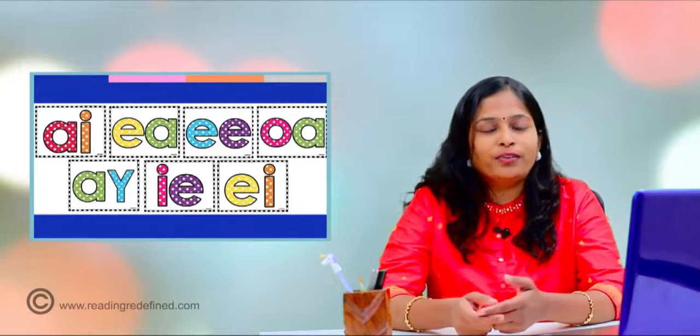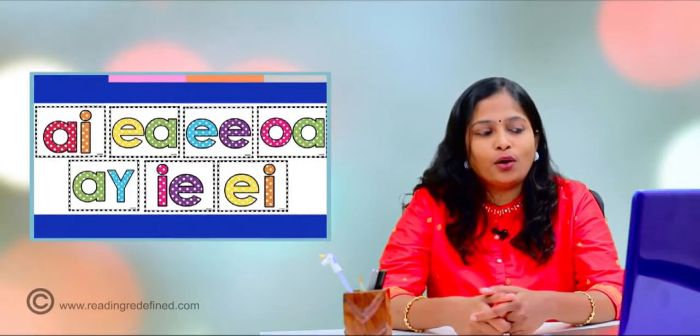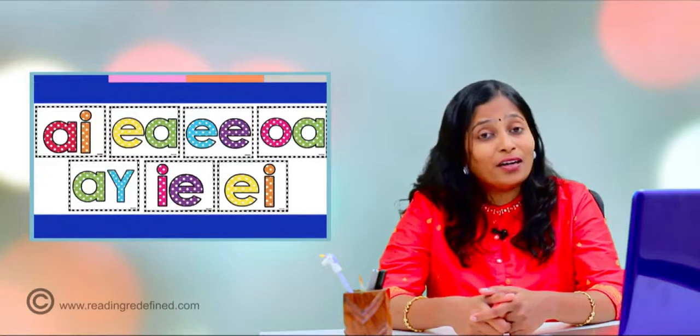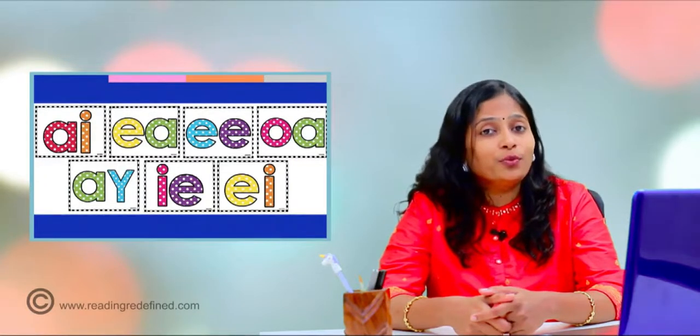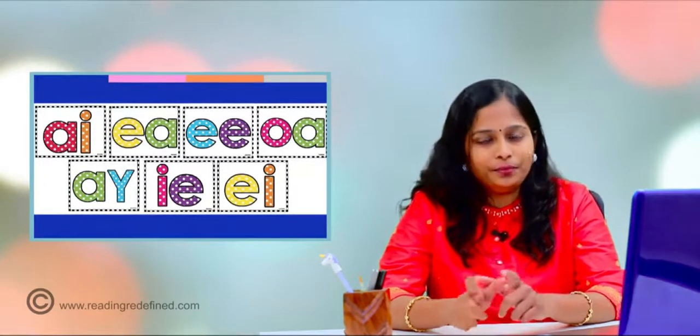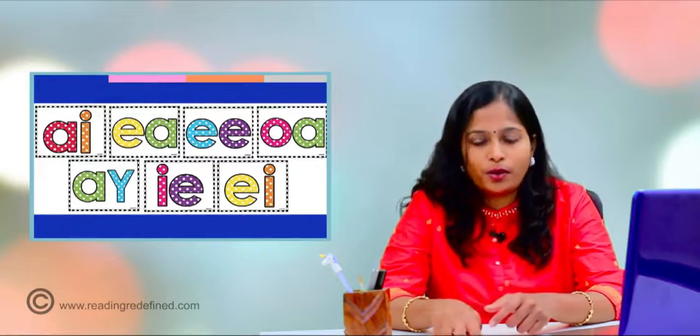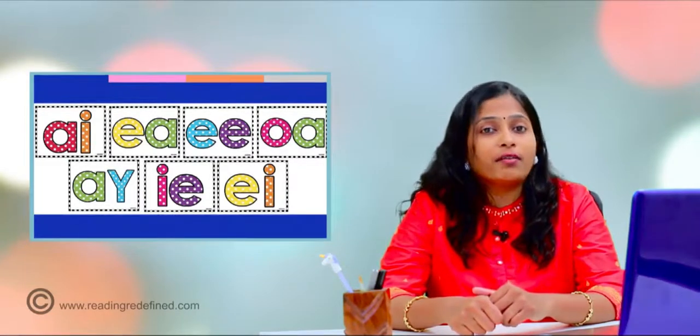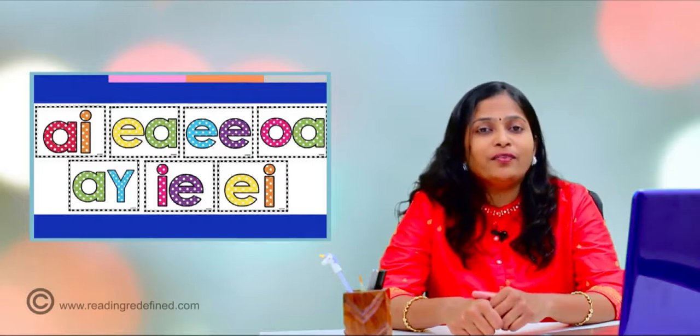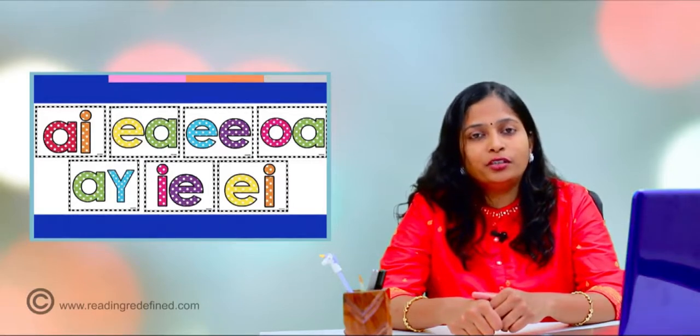Whenever you find AI, EA, EE, OA, AY, IE, EI, everywhere the first letter's name will be the sound of the vowel pair that you find. This will apply for 70% of words, where we are opening the gate for children to read.